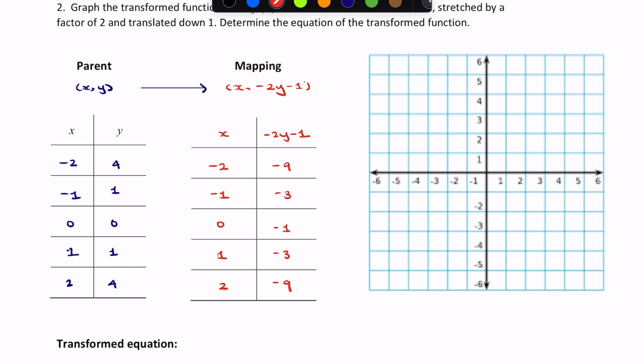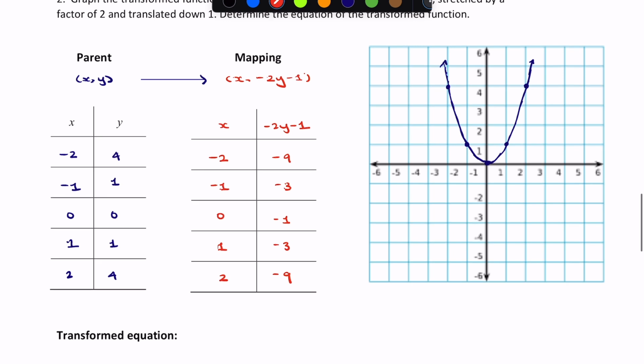So here we can graph this. We'll graph our original parent function here. And then for our transform function, we don't have quite enough space to graph the negative 2, negative 9 on the graph, but we can graph the other points.